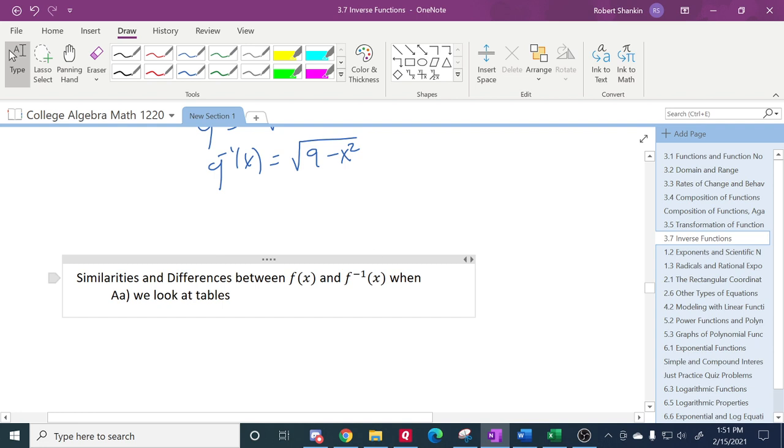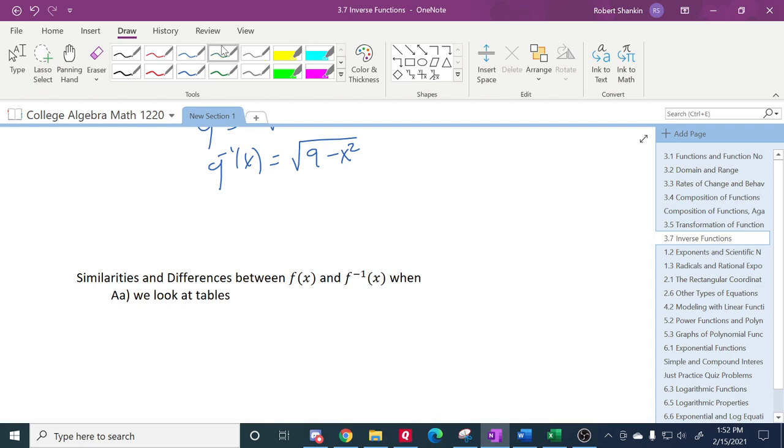All right. Let's look at the similarities and differences between a function and an inverse function when we look at tables. And I'm going to do this with a really simple function to demonstrate the point, because it's really a profound point.